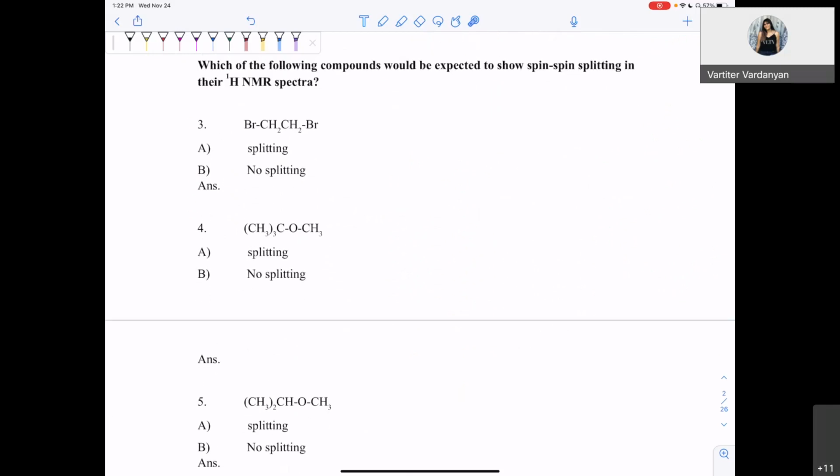So which one of the following compounds would be expected to show spin-spin splitting? So what the heck is spin-spin splitting? And you can either unmute and tell me, or you can say it in the chat. That's also fine. Just regular splitting, kind of, but there's like an asterisk to it. It's not complex splitting.